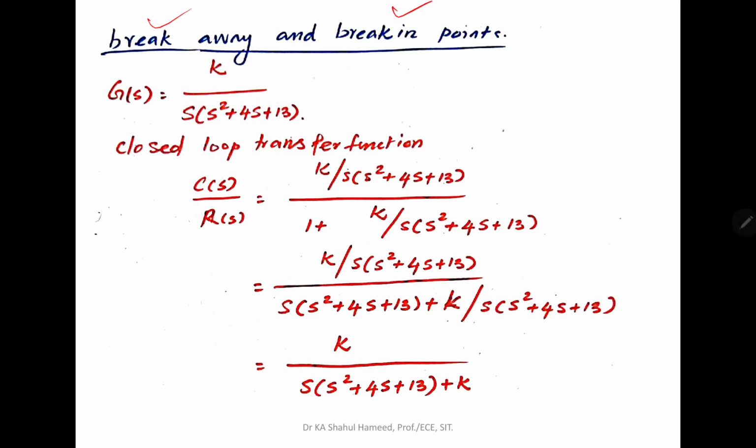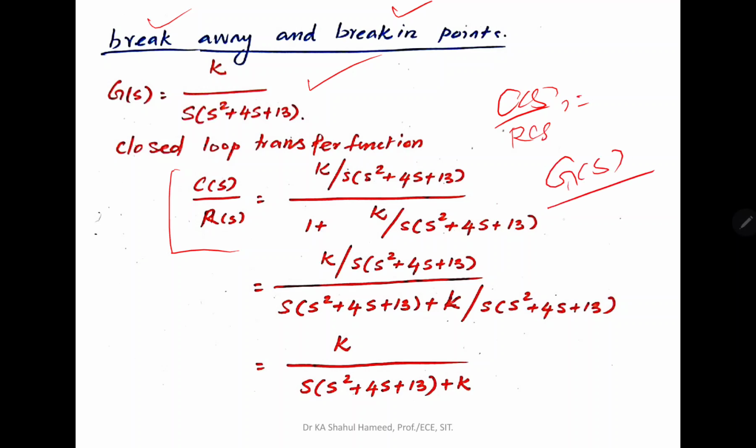For that, we have to take open loop transfer function, and we have to find closed loop transfer function. So closed loop transfer function, C of s by R of s is equal to G of s divided by 1 plus G of s into H of s, H of s is 1, okay, fine, because now it is unity feedback system.